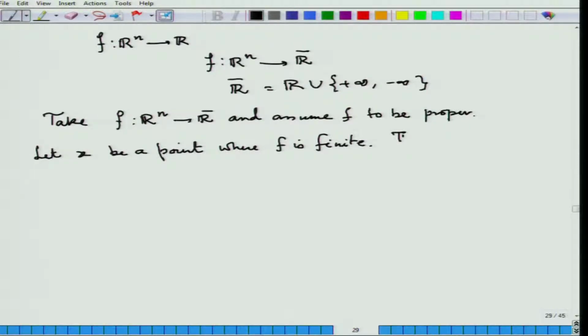Then del f of x is defined just in the same way.